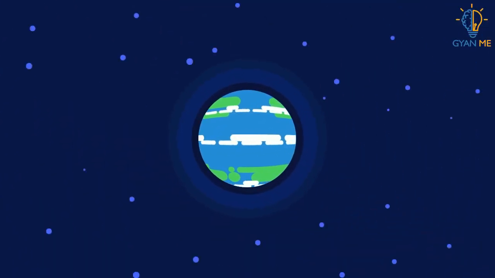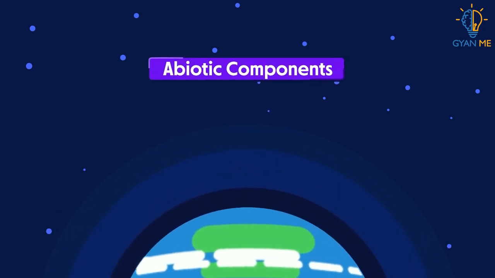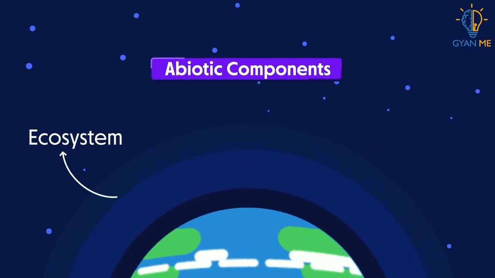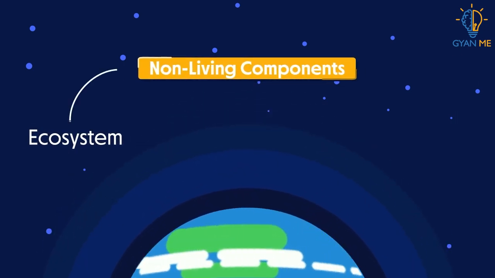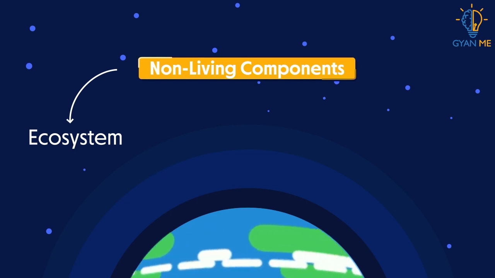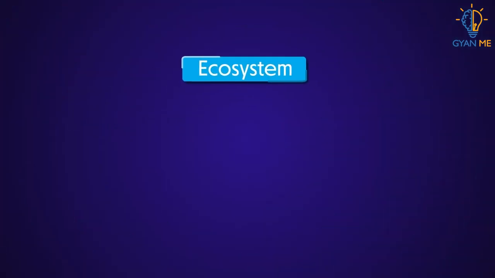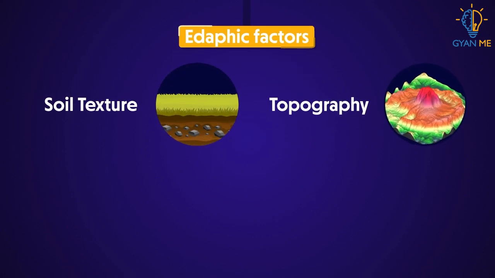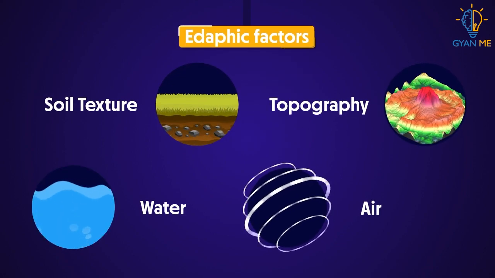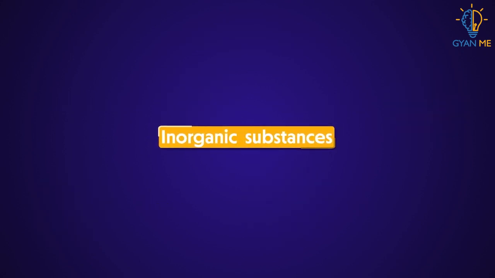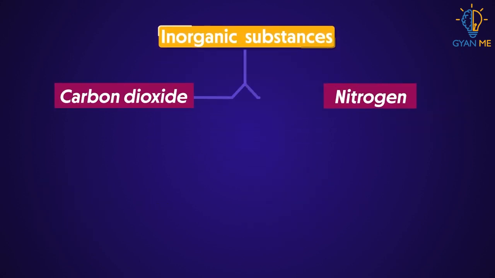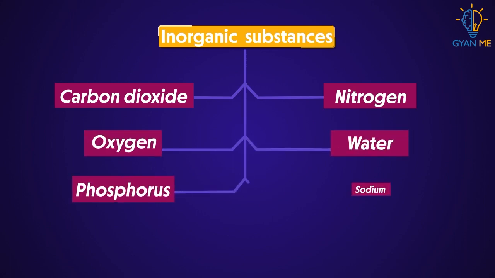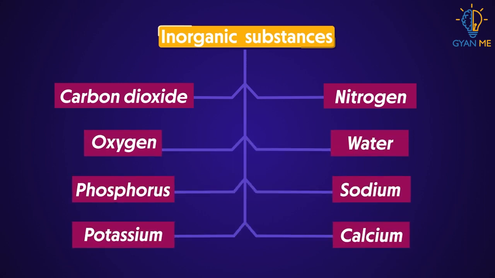Now students, let us see abiotic components of ecosystem. It consists of non-living components of an ecosystem. This includes edaphic factors like soil texture, topography, water and air. Inorganic substance like carbon dioxide, nitrogen, oxygen, water, phosphorus, sodium, potassium and calcium.